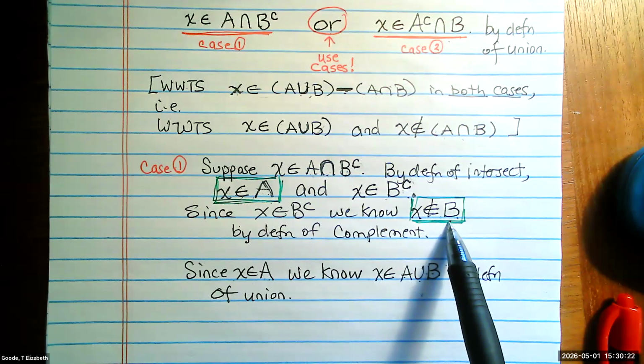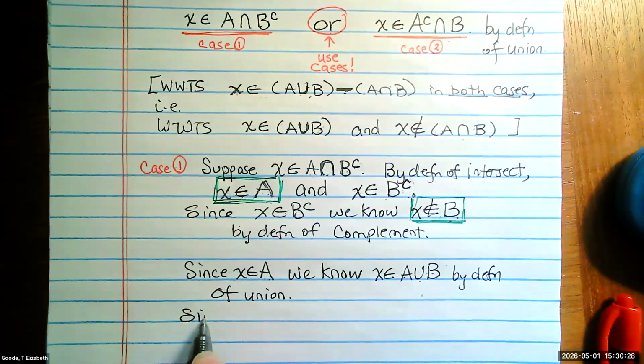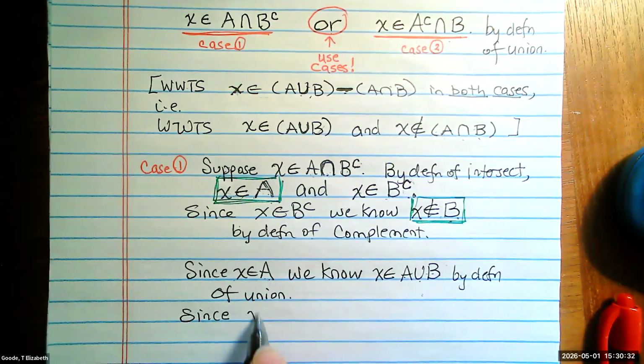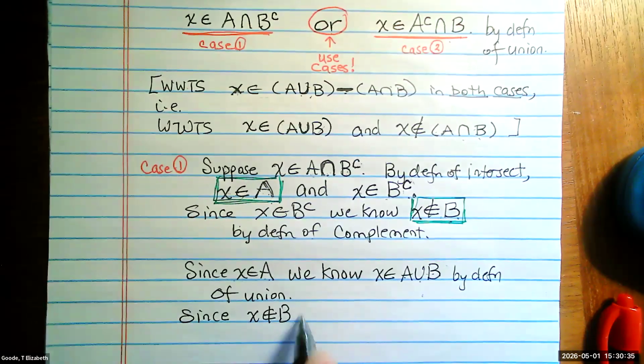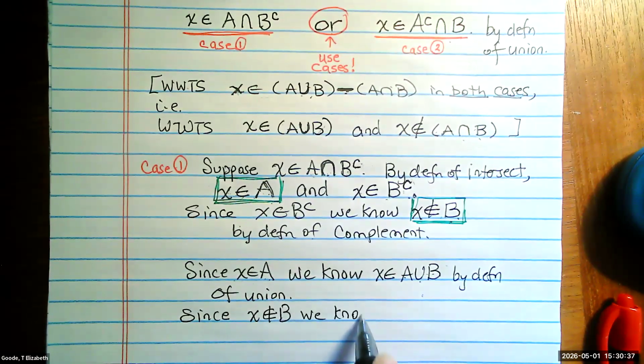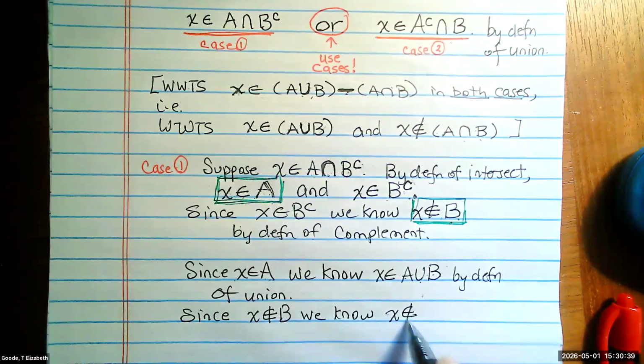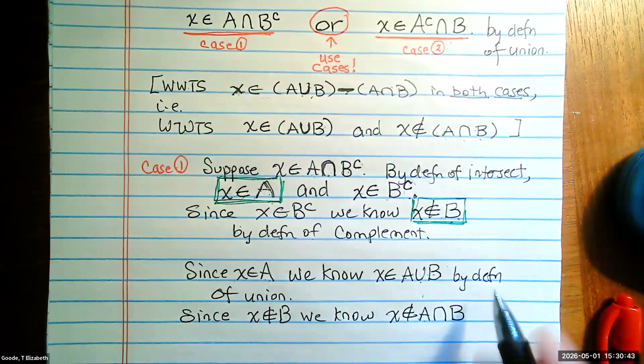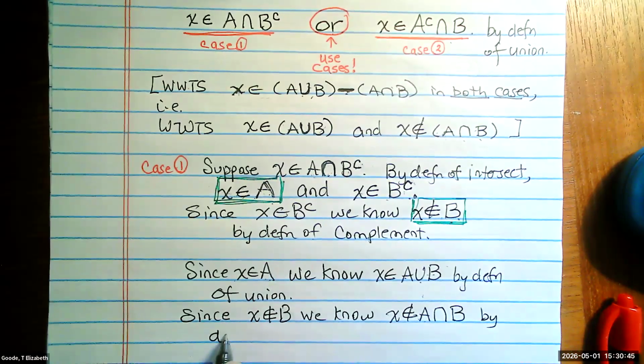So if it does not belong to B, it can't belong to A intersect B. That's right. Because if it doesn't belong to B, it doesn't belong to both. So since X is not an element of B, we know X is not an element of A intersect B by definition of intersect. It can't be in both if it's not in B.